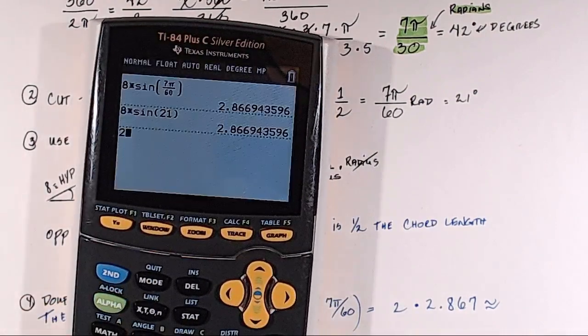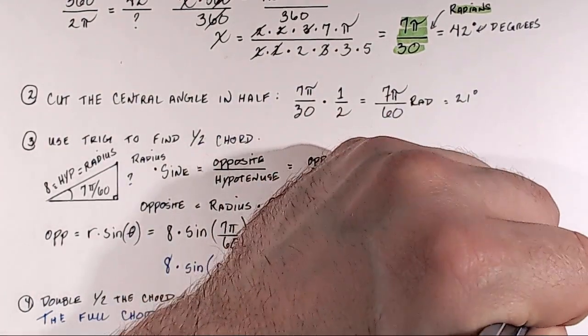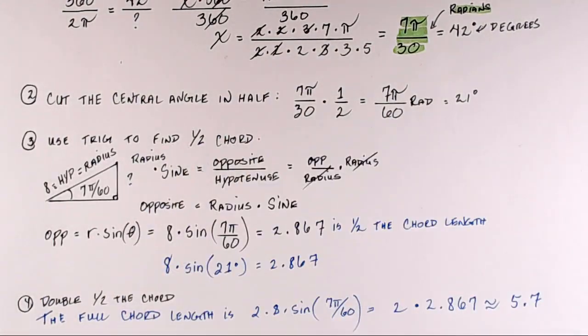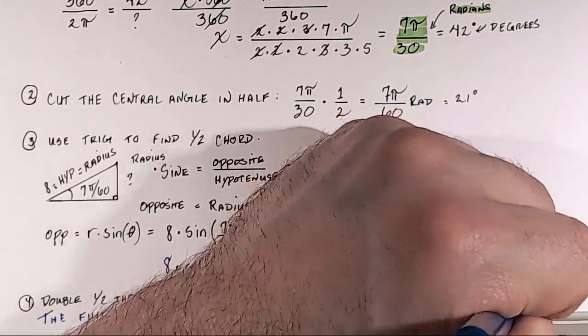So 2 times 2.867 is 5.734, and we'll just take it out to the tenths place, 5.7. So that is the full chord length.